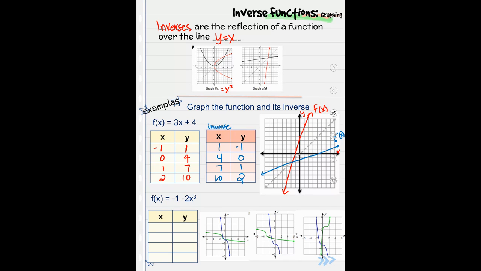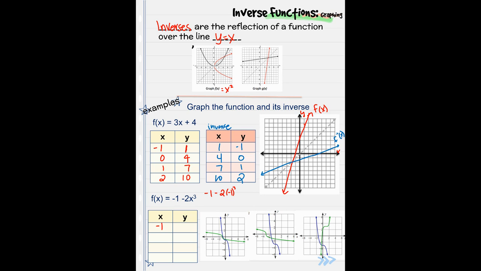So here is our original. This one's a little weird because we haven't seen x to the third in a while. So let's plug in -1. You might need a little bit more room if you want to write these down. -1 minus 2 times -1 to the third. The -1 is to the third, so it's -1 times -1 times -1.